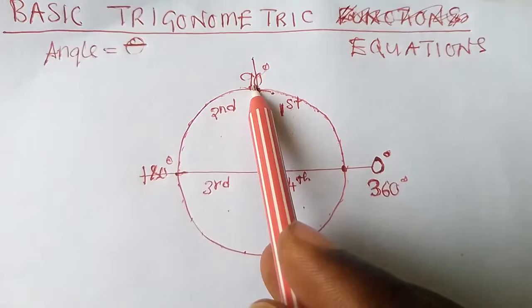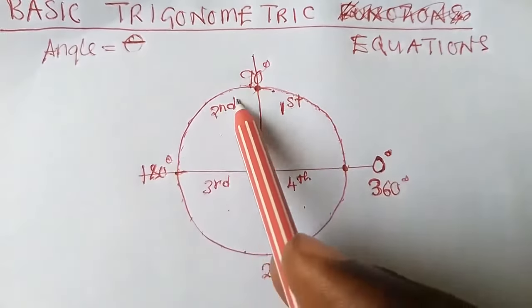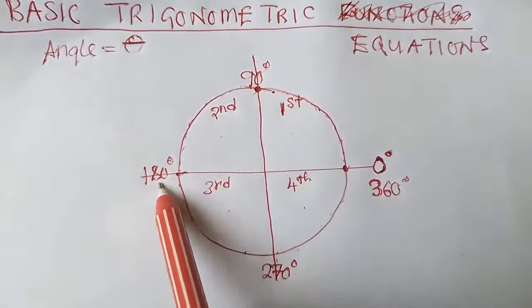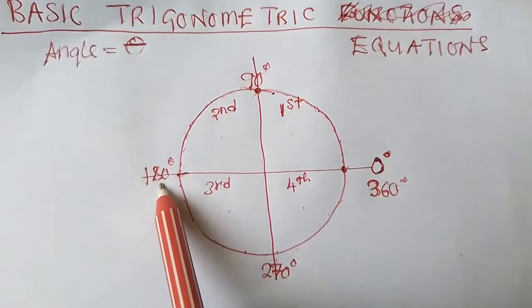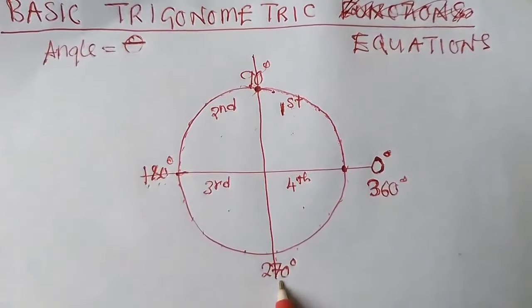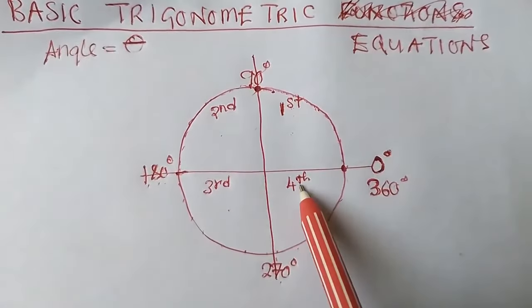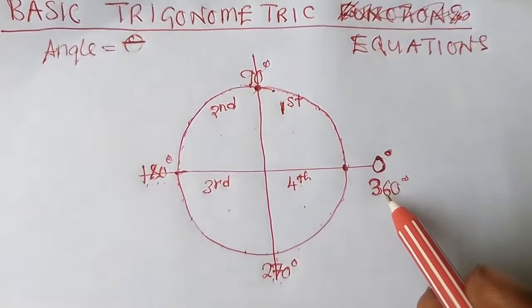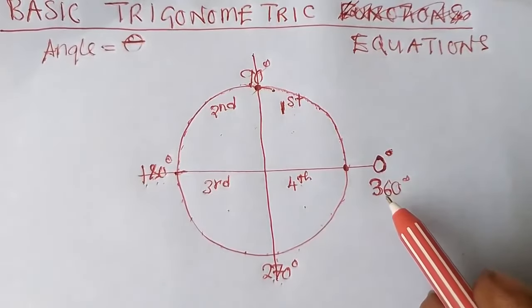In the second quadrant, theta is between 90 degrees and 180 degrees. When I move to the third quadrant, theta is between 180 and 270. In the fourth quadrant, theta is between 270 and 360. This is what we need to know and understand.